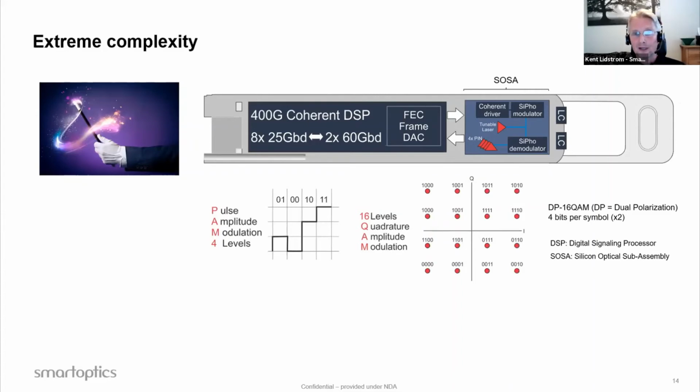Then they are translated into a higher bit rate, and we add forward error correction and so on through a DSP. Then they go through a silicon-based optical subassembly with a coherent driver and a silicon photonic modulator, and go out as a line signal with 16 QAM modulation onto the line side.